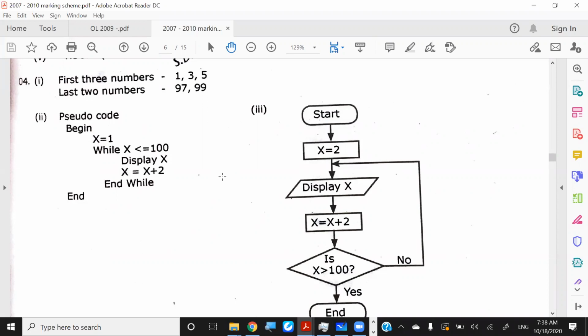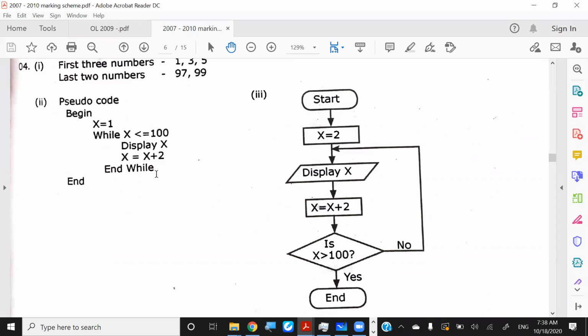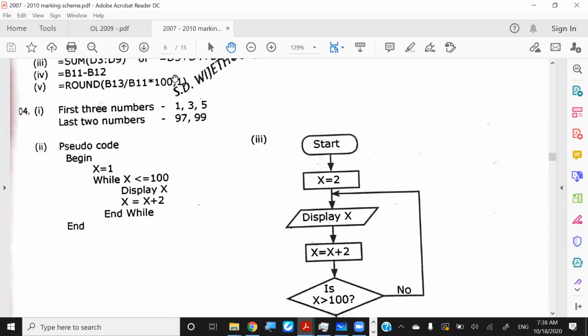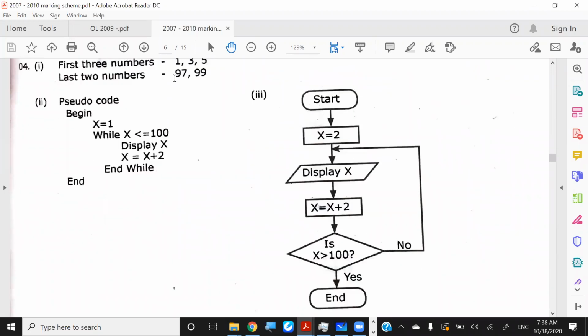So has anyone done the fourth question, the flow chart one? No one has done it. Okay, Himanadi, you have done it. Okay, let's go for it.